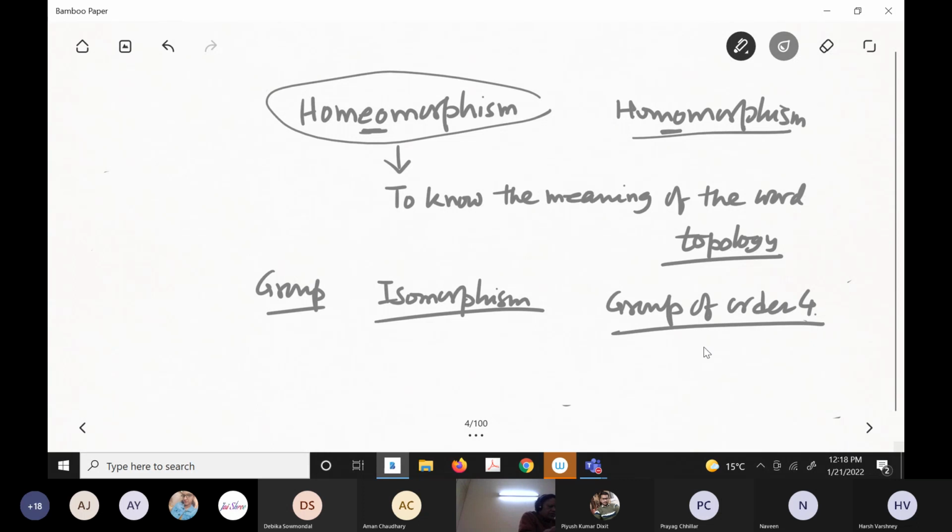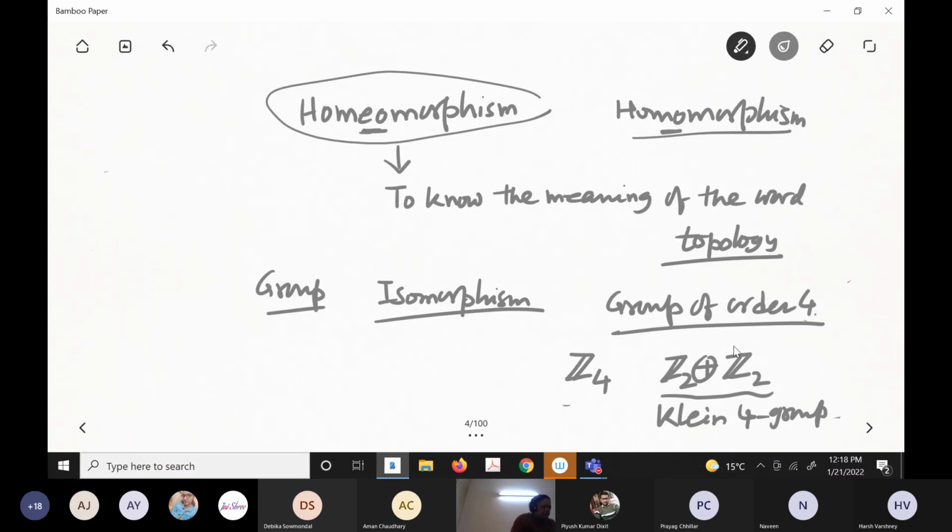You know, it has to be abelian. Basically, it has to be either Z4 or Z2 plus Z2. This is actually the Klein 4 group. In a group of order 4, you have only 2 groups. This is a classification up to isomorphism.